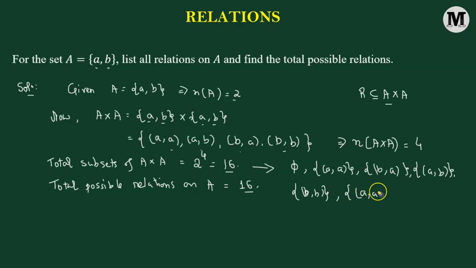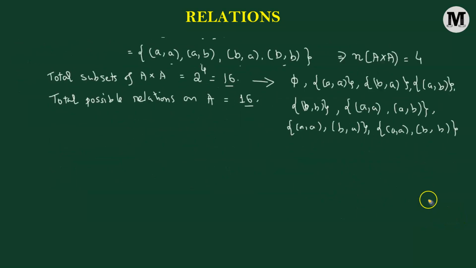So we have {(a, a), (a, b)}, then {(a, a), (b, a)}, then {(a, a), (b, b)}. Next, we have {(a, b), (b, a)}, then {(a, b), (b, b)}.